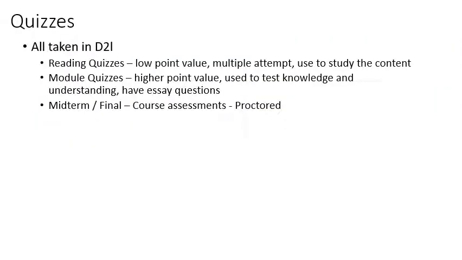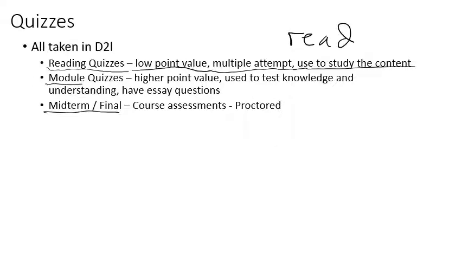Quizzes are in D2L, and we have reading quizzes, module quizzes, and a midterm and final. The reading quizzes are low point value. You can take them multiple times, and you use them to study the content. So read, go and take your reading quiz, take it again until you feel like you've exhausted all the questions that are available, and then move on. The module quizzes are higher point value. They test your knowledge and understanding and have essay questions that I have to grade.